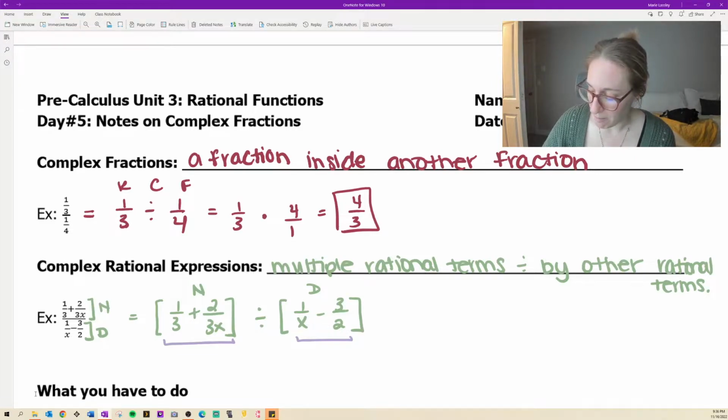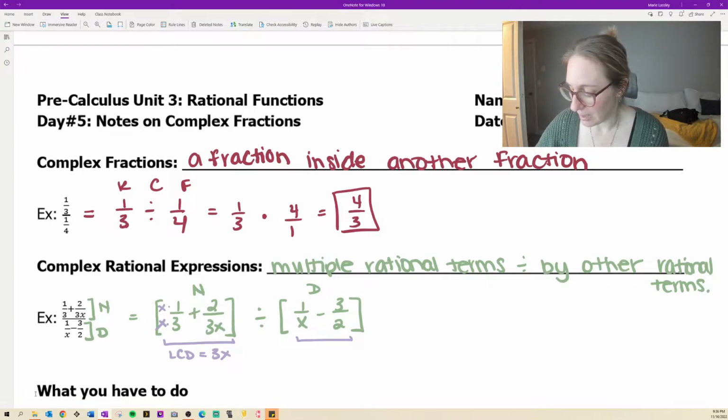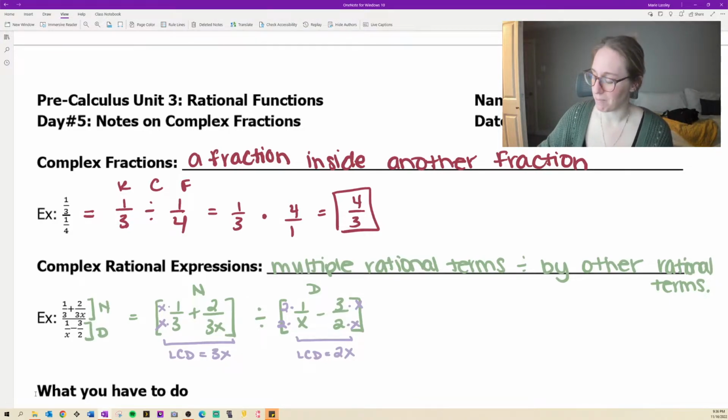So for the first one, my least common denominator is going to be 3x, which means I just need to multiply this first fraction by x over x so that I have the 3x on the bottom. My second fraction over here, my least common denominator, is going to be 2 times x. So that means I need to multiply my first fraction by 2 top and bottom, and my second fraction by x on the top and the bottom.